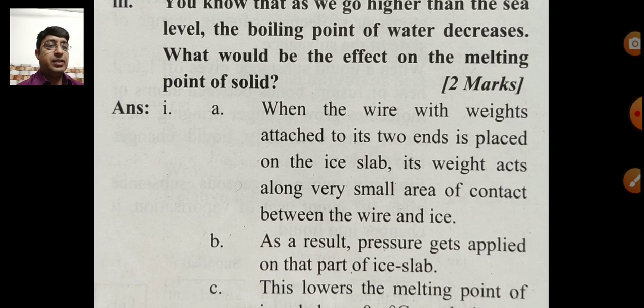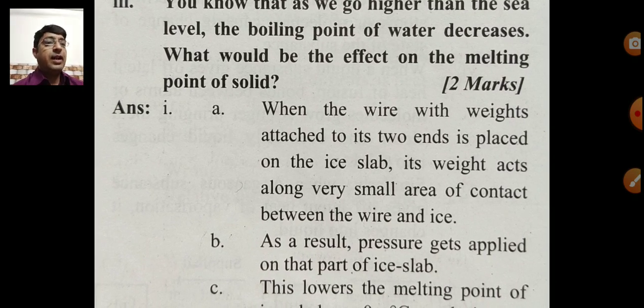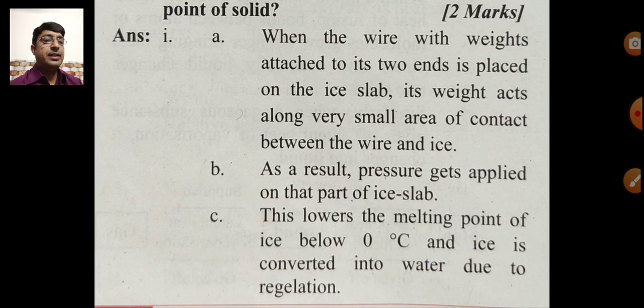When the wire with weights attached to its two ends is placed on the ice slab, its weight acts along a very small area of contact between the wire and ice. As a result, pressure gets applied on that part of the ice slab.